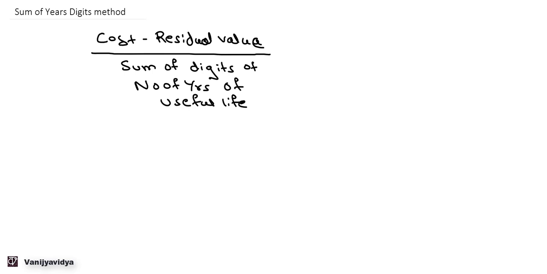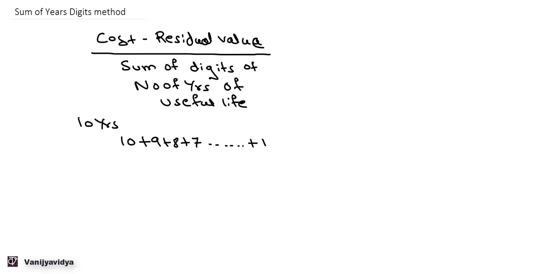Say if the useful life of the asset is 10 years, then we divide this by 10 plus 9 plus 8 plus 7 and so on plus 1. Okay, this cost and residual value.